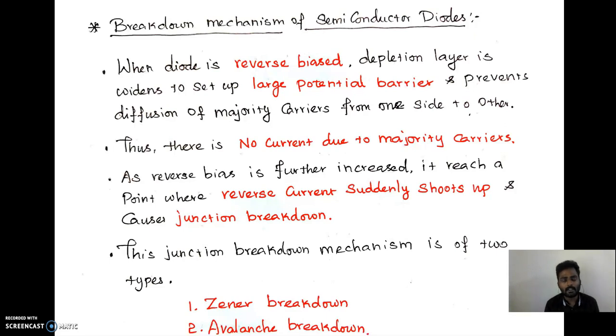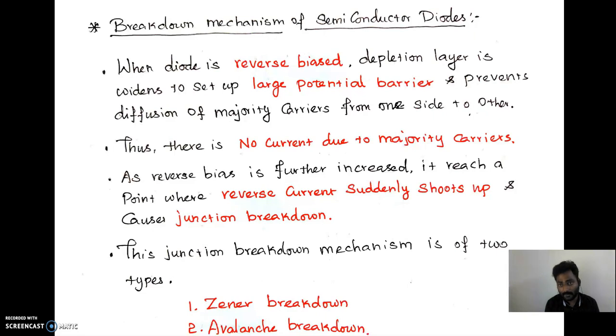As I said earlier, diffusion is the process of reducing the barrier voltage, and it makes the current flow through the diode, whereas here it prevents the diffusion process, and thus there will be no current due to the majority carriers.